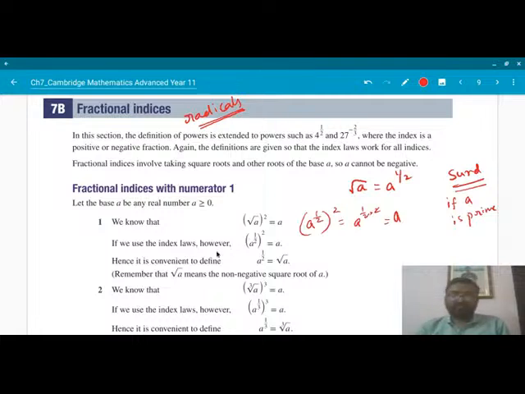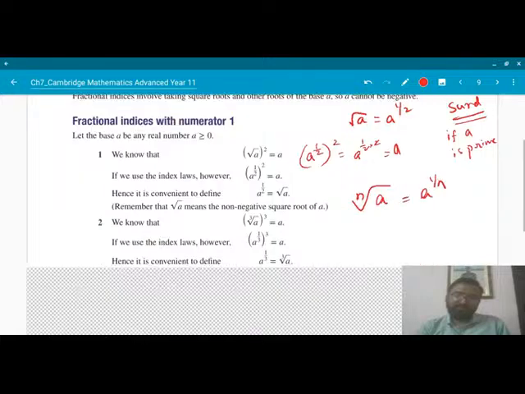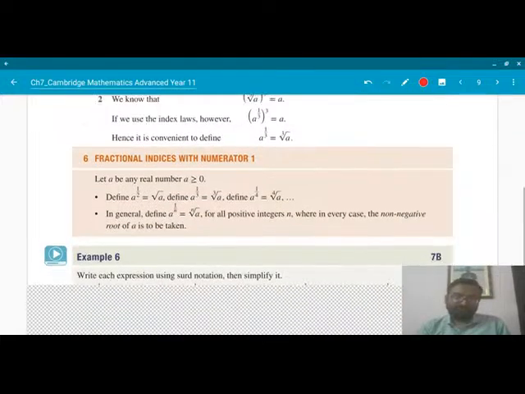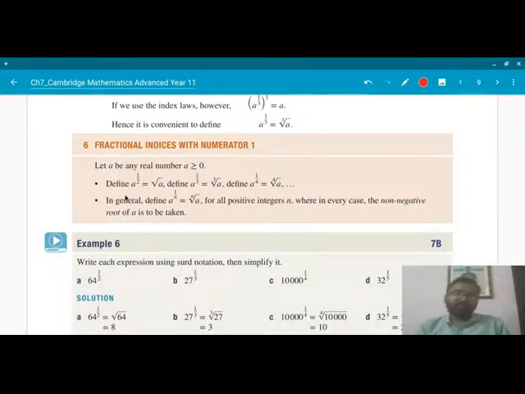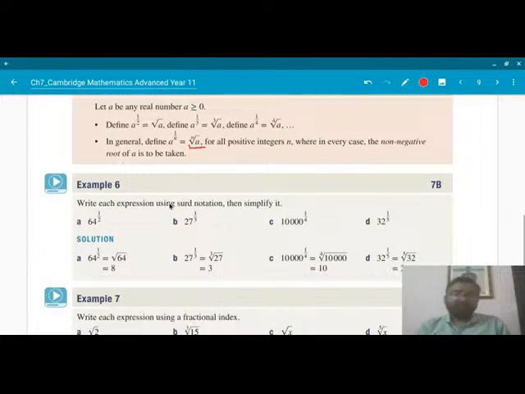And nth root a is represented by a power 1 by n. So nth root a is nothing but a power 1 by n. For example, 27 power 1 by 3 is cube root 27.